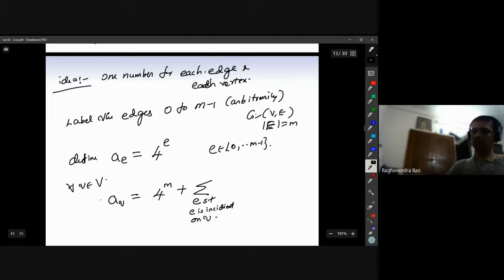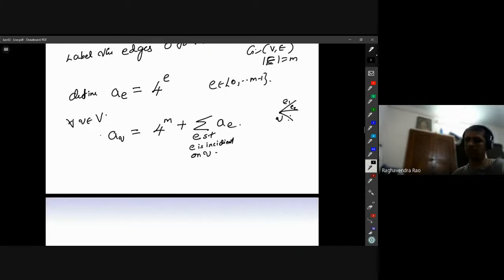Okay, you just sum the corresponding values. Basically you look at edges e1, e2, etc. So basically write this as 4 to the e1 plus 4 to the e2, etc. This is the summation.